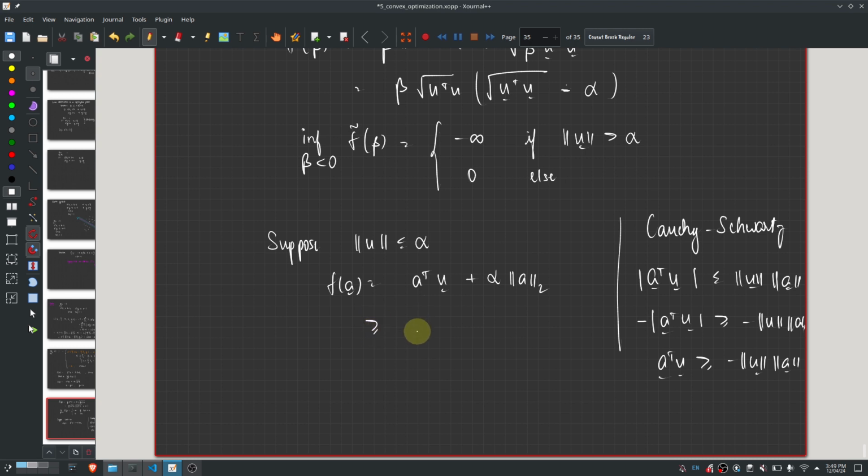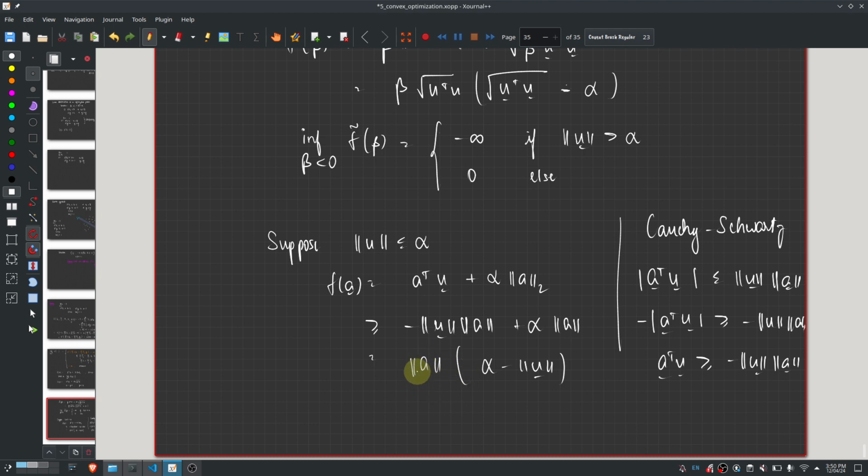So f of a is greater than or equal to minus two norm of u times two norm of a plus alpha times two norm of a, which is two norm of a times alpha minus two norm of u. But two norm of u is always less than or equal to alpha, right?